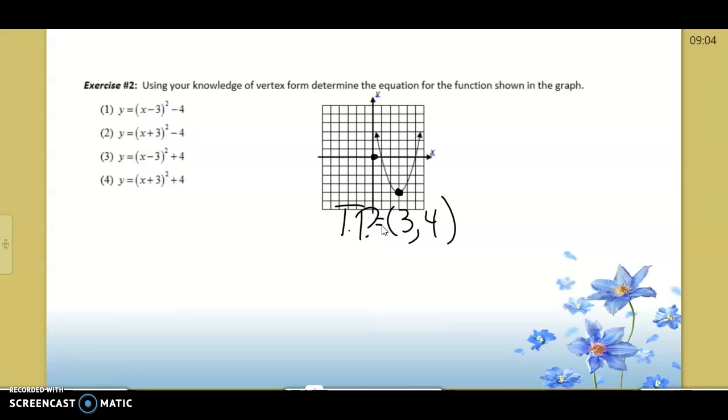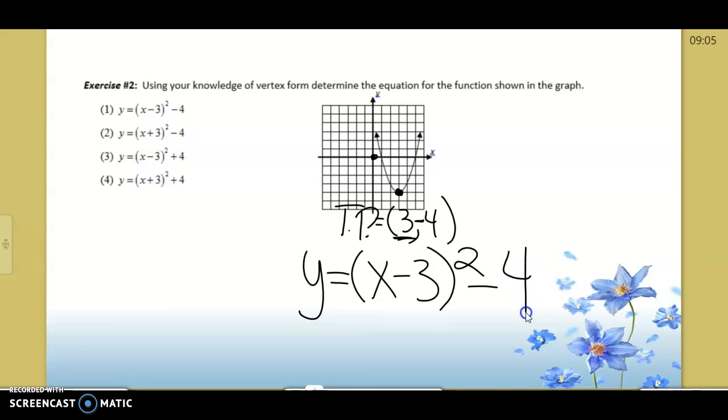But when I go to write this equation, it's always y equals, starts with a parenthesis x. That's always going to be the case. Remember what we said about the x value, or that h value. If it's +3 for the turning point, it's in the equation as -3. Then we square it, and then, oops, this was a -4. Yes, thank you, Caleb. That was down for -4, and so this would be -4. That number stays the same.